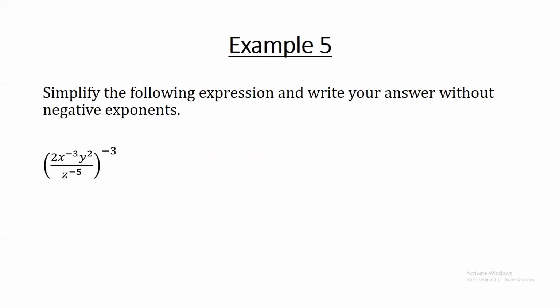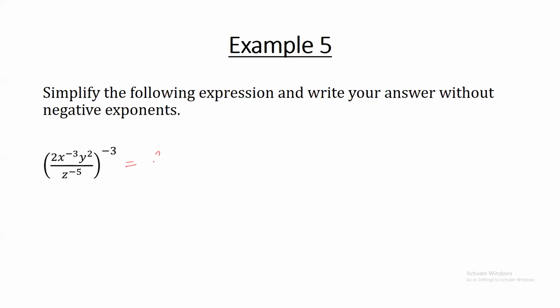Let's go on to the next example. 2x to the negative 3, y squared over z to the negative 5, everything raised to the negative third power. Well, there are many ways to attack this problem, but the most straightforward would just be to distribute the negative 3 into each factor in the top and bottom of the fraction.